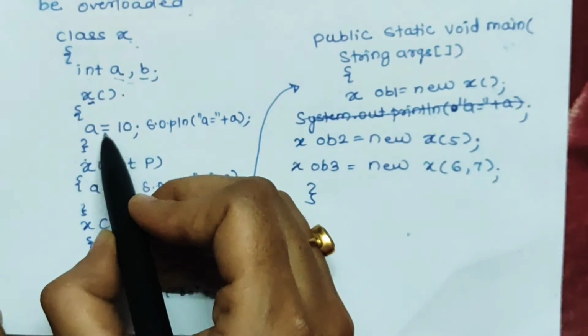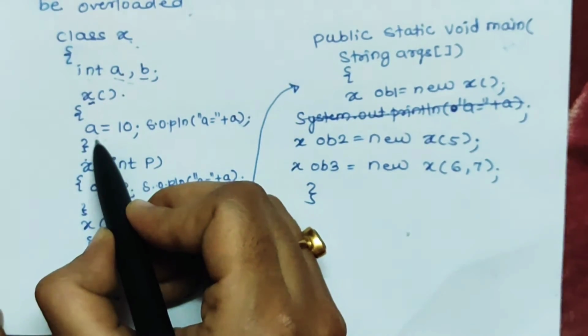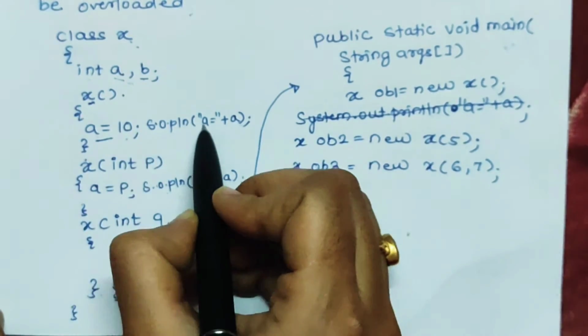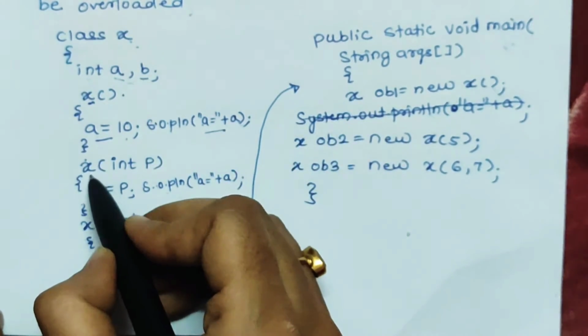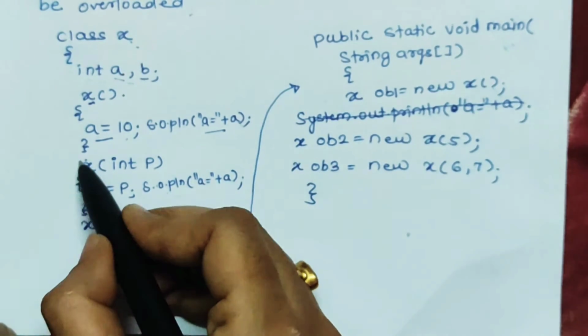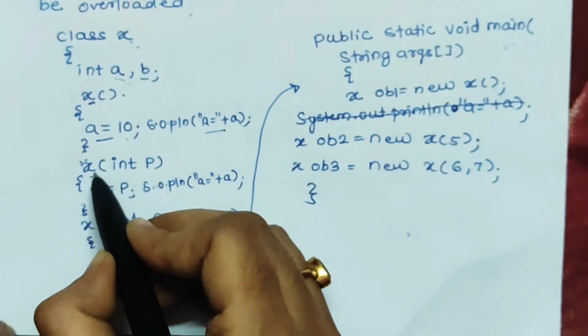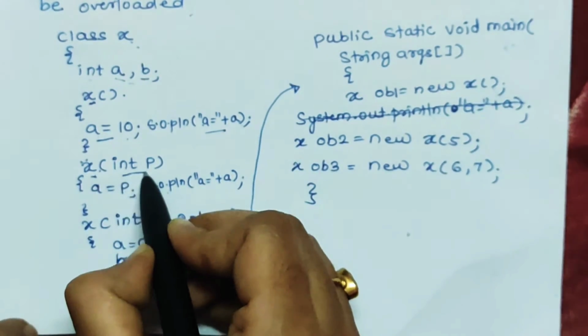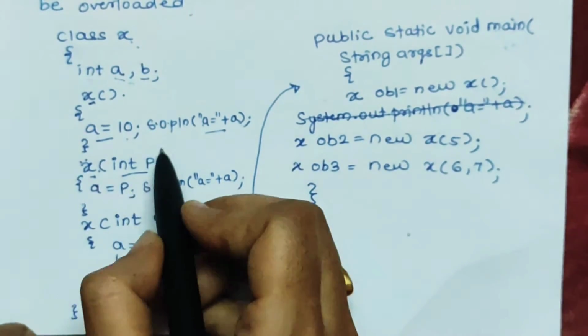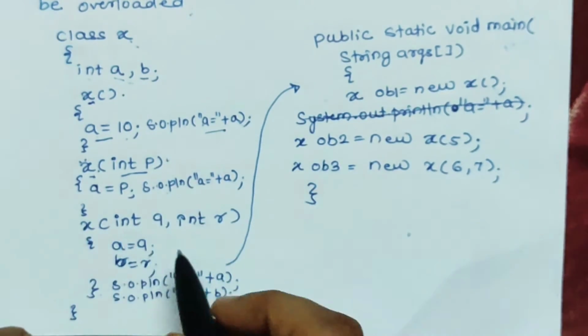And what we have done here, we have assigned variable A with value 10 and we display the value of A here. Then next, this is a parameterized constructor. You can see here the constructor name, that is class name X, is here and the type of parameter is integer here. That's why it is called a parameterized constructor.